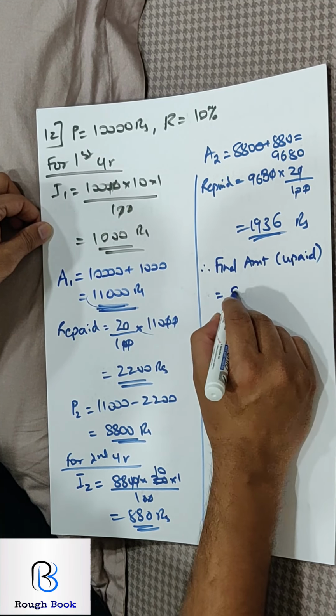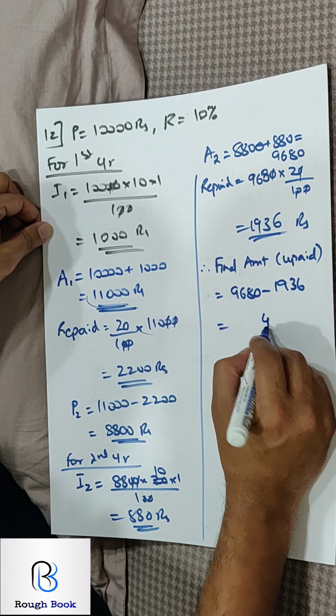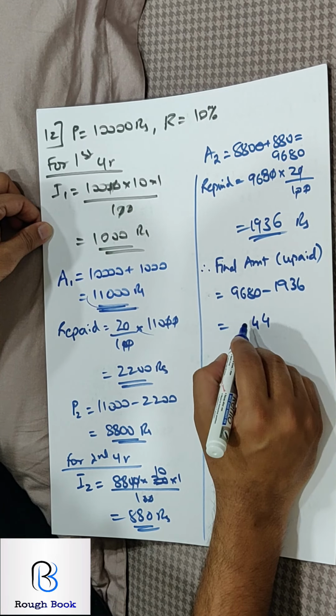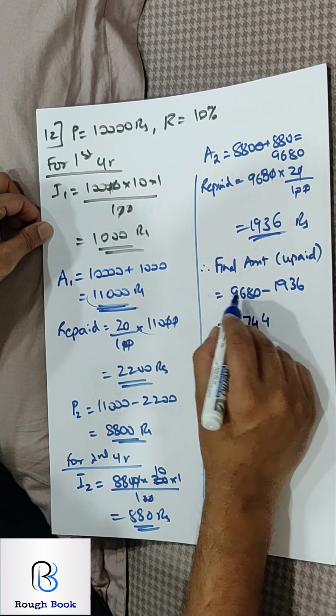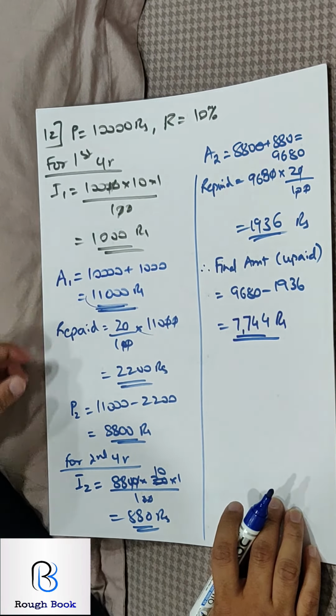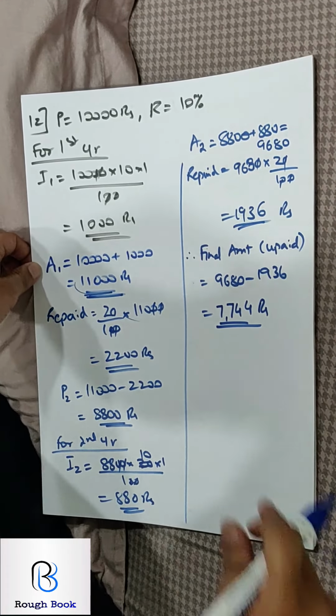So that should be 9680 minus 1936. So yeah, this will be 7744. I hope everyone manages to get the same answer. Yeah, it's an interesting question.